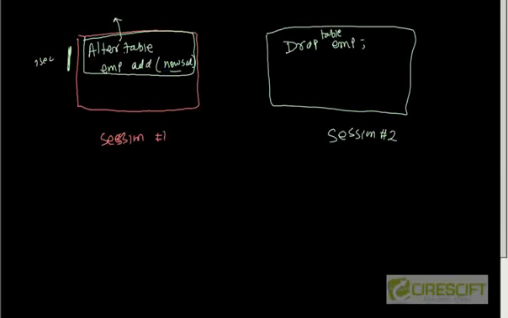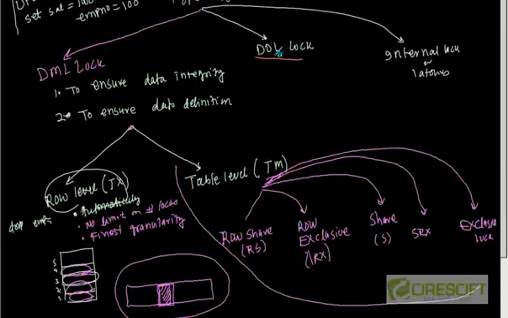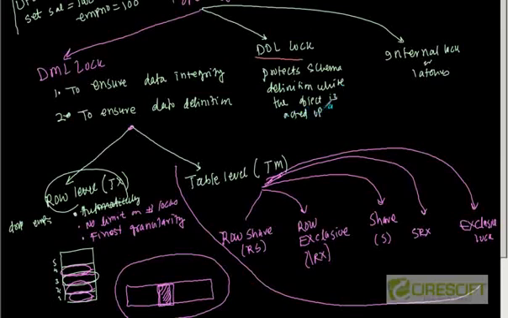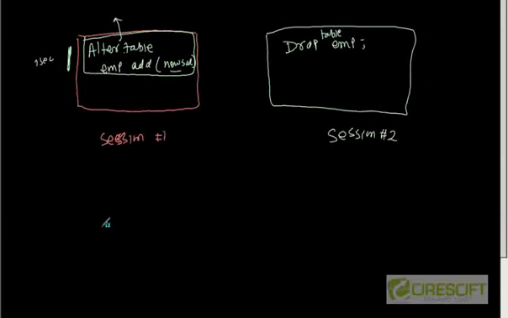That is the goal of a DDL lock: it protects the schema definition while the object is acted upon by a DDL.